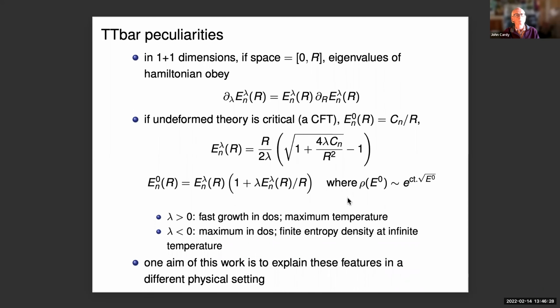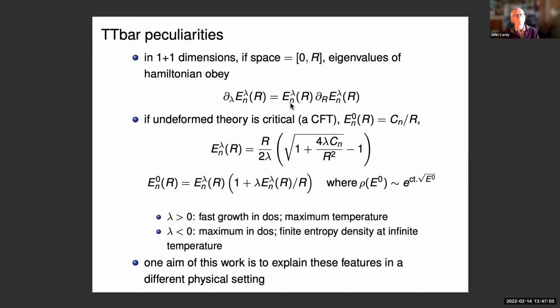So there are several peculiarities, of course, of this TTbar deformation. As Zamolodchikov showed, if you think about it in 1+1 dimensions, if space is a finite interval or a circle, then the eigenvalues of the Hamiltonian evolve according to an equation which is simple but non-linear.